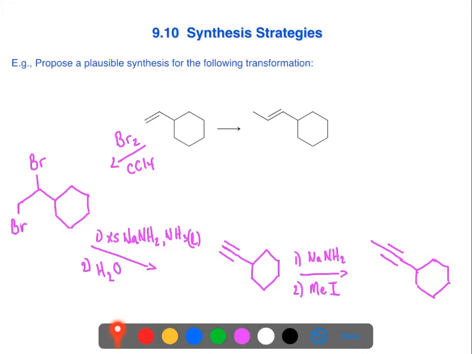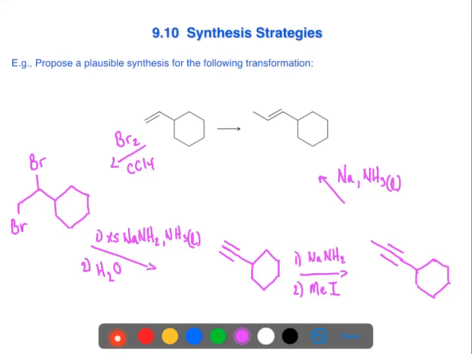And as we saw in this section, if we wish to reduce that alkyne to a trans alkene, we use the dissolving metal reduction reaction, which is using sodium metal and liquid ammonia. And we saw that that is a radical reaction that will produce a trans alkene and not further react to the alkane. So this is the synthetic route that could work for this particular target molecule.